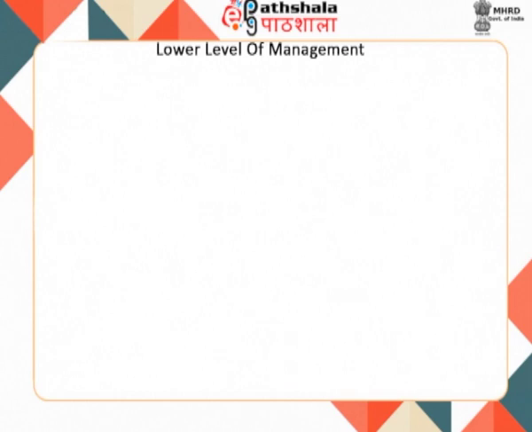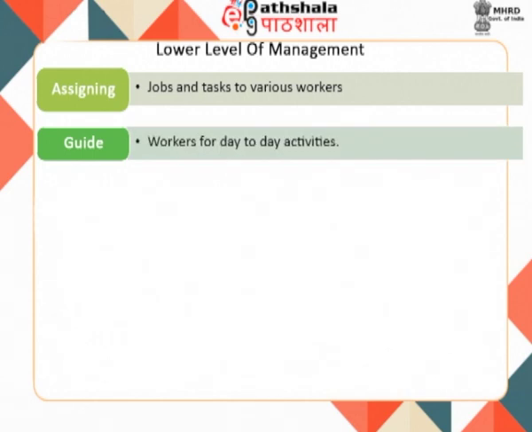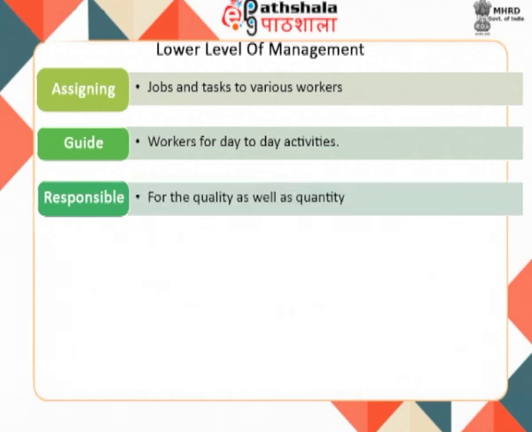The activities of lower level management include assigning of jobs and tasks to various workers. They guide and instruct workers for day to day activities. They are responsible for the quality as well as quantity of production.